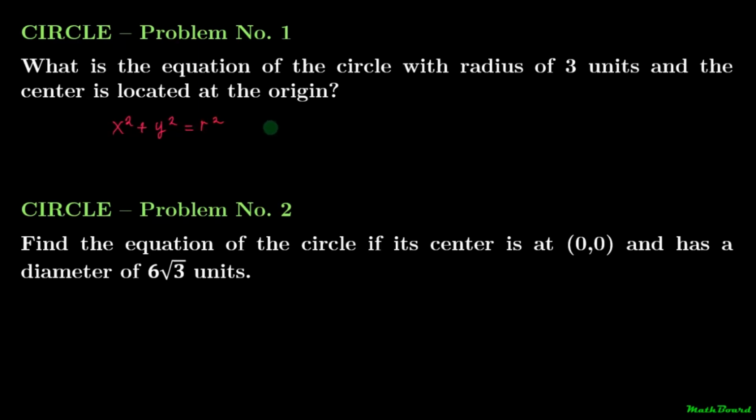And since our value of r here is 3 units, the standard equation would be x squared plus y squared equals 3 squared. And finally, the equation is x squared plus y squared equals 3 times 3, 9.